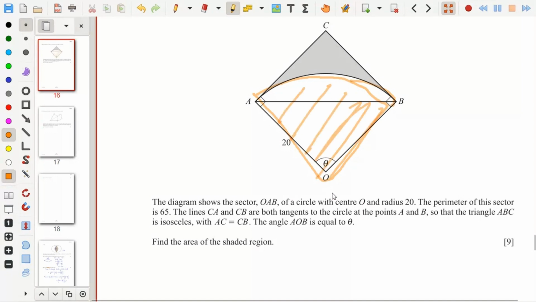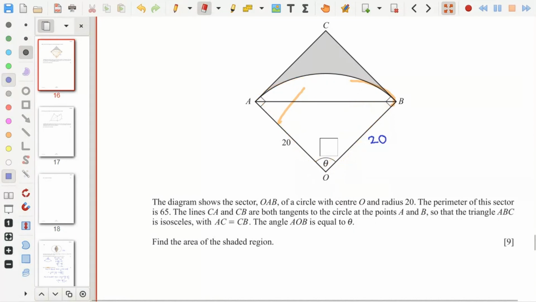The radius is 20. So if this is 20, this side should be 20. The perimeter of the sector is 65. So if here is 20, here is 20, here should be 25. This will give you 65 if you sum them up.